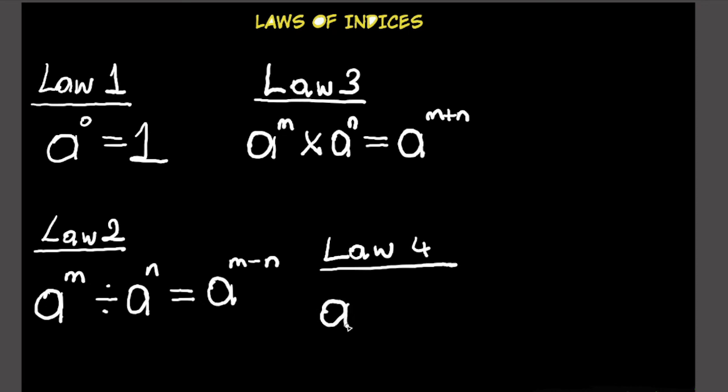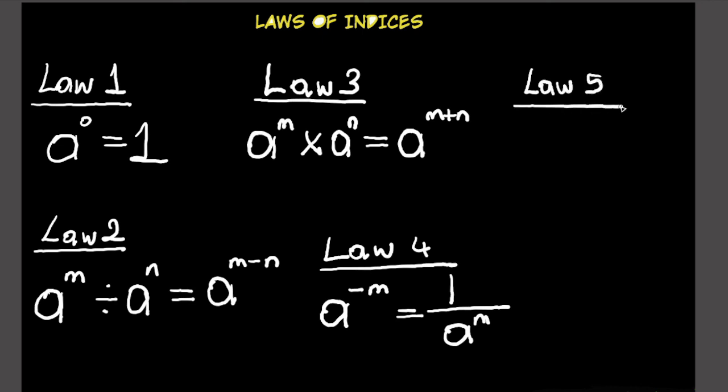Law 4. A raised to the negative power is equal to 1 over a raised to the positive of that power. And law 5. A raised to a power, all in bracket, raised to another power is equal to a raised to the 2 powers multiplying each other.